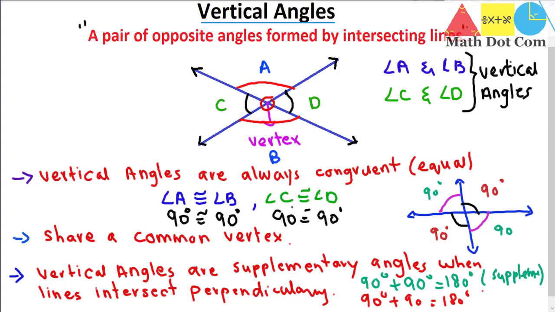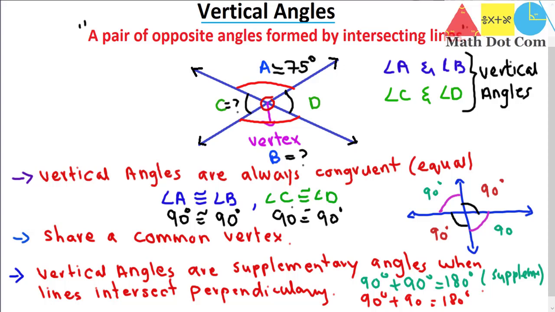For example, if I say that here A is equal to 75 degrees and we don't know the angle B. So if we know the property of the vertical angles, we can easily say that this angle B will also be equal to 75 degrees. Another thing is, we don't know the angle C as well. Then one important thing is, A and C are making a straight angle.